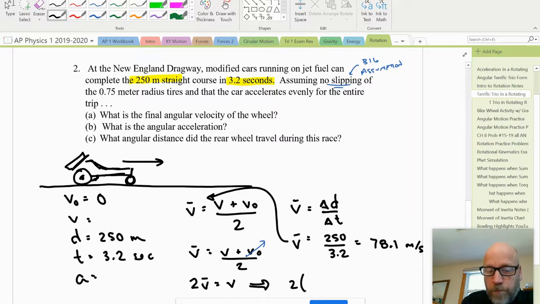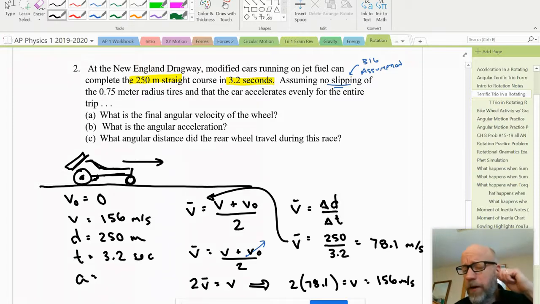So 2 times 78.1 equals the final velocity, which is going to be 156.25 meters per second.